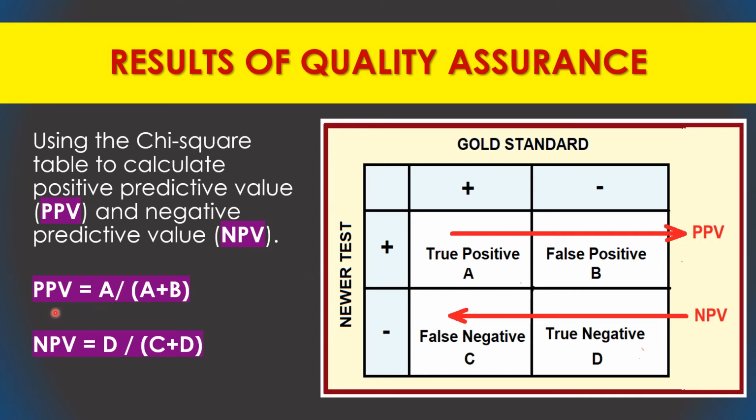As we see here, positive predictive value equals A, which is the true positive, divided by A plus B. Take these together in the denominator, and the numerator we have A. So again, positive predictive value is A divided by A plus B. This is the positive predictive value. I start from here going in this direction. This one is for the negative, and we'll come to this in the coming slide.